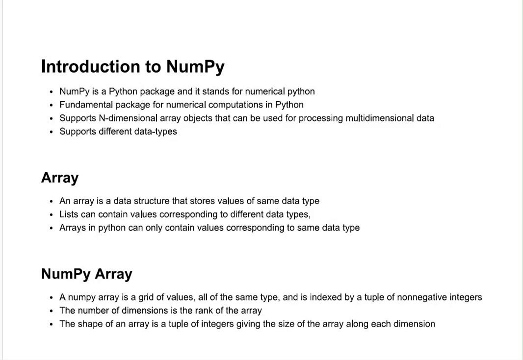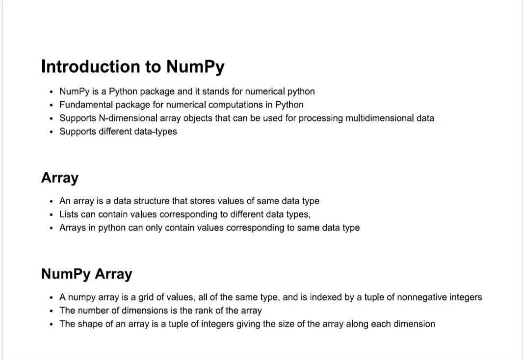In NumPy, the number of dimensions of the array is called the rank of the array, and a tuple of integers giving the size of the array along each dimension is known as the shape of the array. So once you have an array, if you want to look at its shape, it is going to give you a tuple of integers giving the size of the array along each dimension.